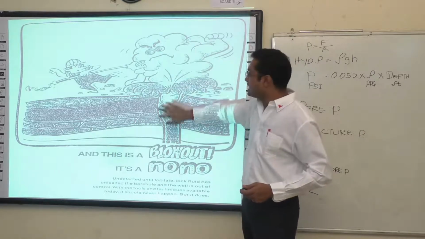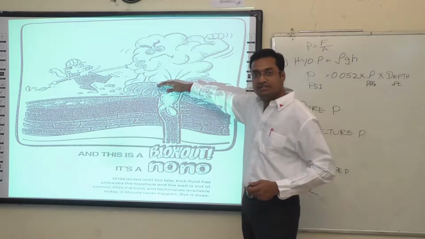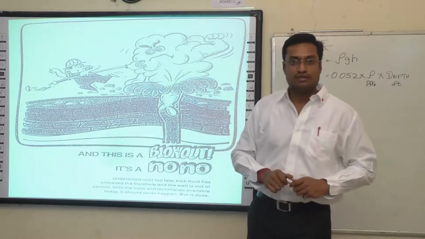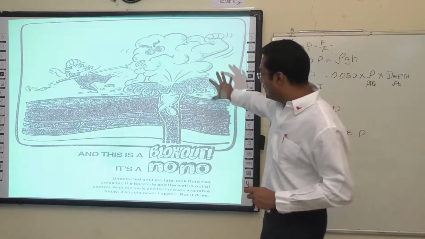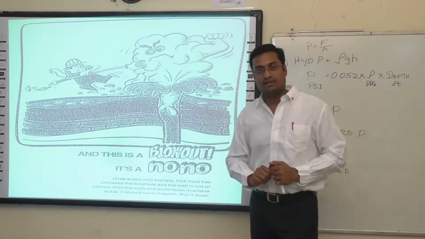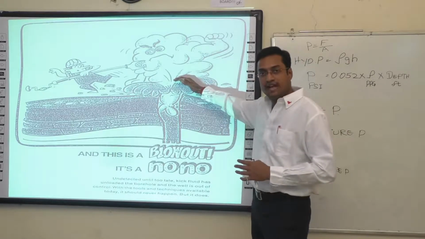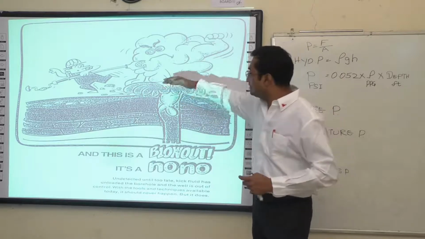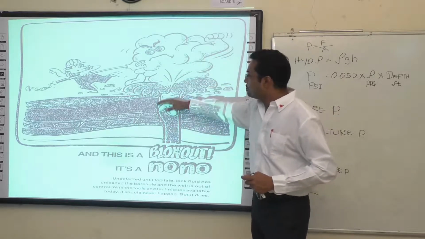When it becomes bigger in size and reaches the surface, that is called a blowout. So a blowout is a catastrophic situation, because we are unable to control it. It takes much longer time and advanced methods to control when the kick starts moving up.